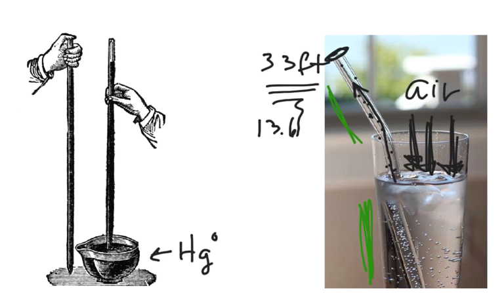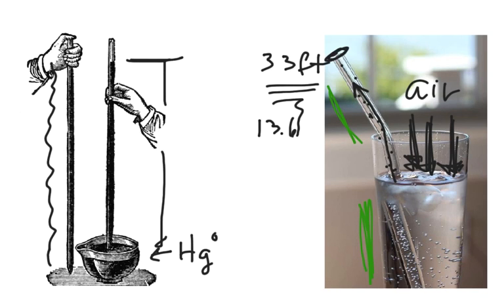The idea is if you were to take a big glass tube and totally fill it up with mercury, put your finger over it carefully, and then invert it into a dish of mercury, the mercury column would automatically stop at about 760 millimeters.